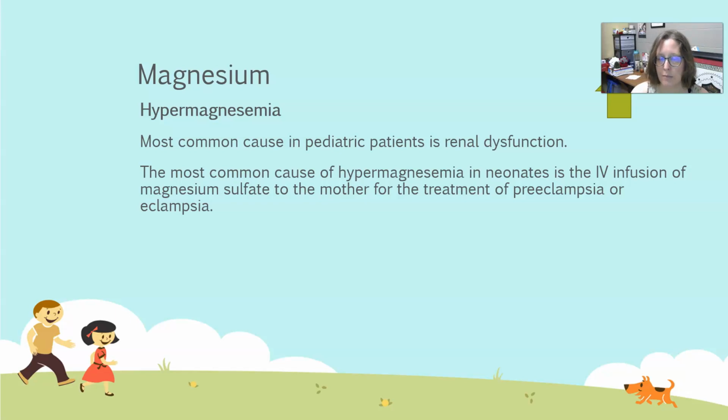So we give them a high amount of magnesium, so their levels can go from an average of 2.0 milliequivalents per liter in their blood to 6, 7, even 8 milliequivalents per liter. And therefore, babies can have high magnesium levels if they're born to a mom that was treated with magnesium sulfate.